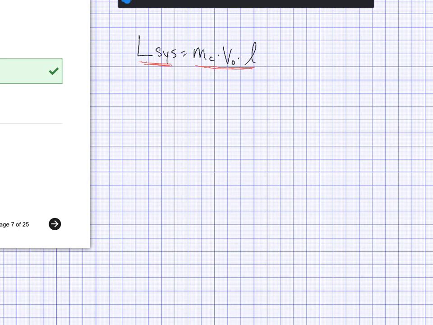So when we write the after condition, after they impact each other, this L of the system, which is m sub c v initial times length, that product has to equal the I omega of the clay plus the I omega of the rod. And so we'll just write out those together. Well, the I omega of the clay is the mass of the clay times length squared times omega final. This part here is its moment of inertia.